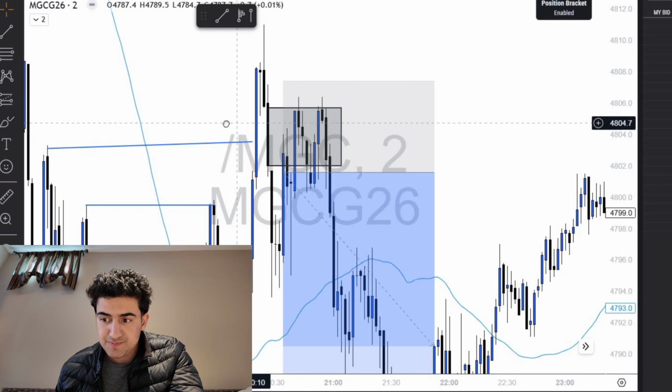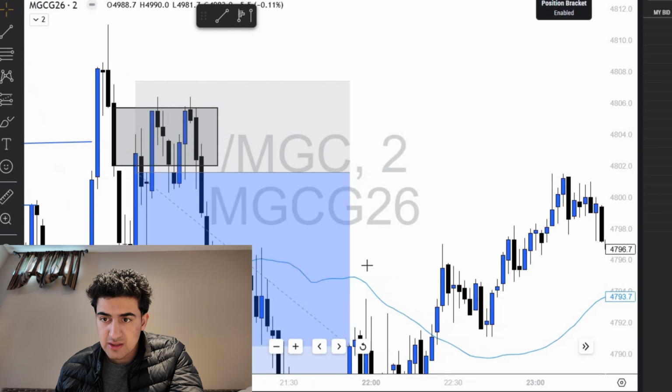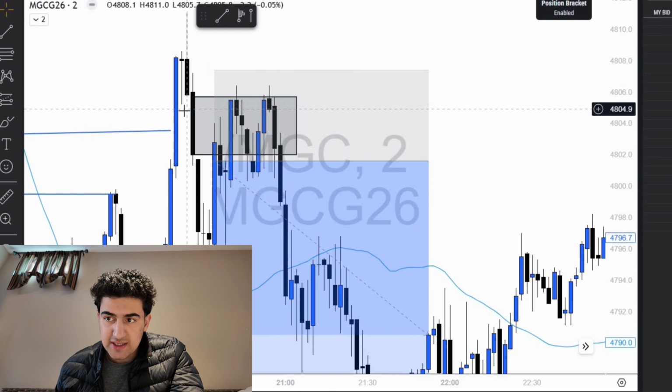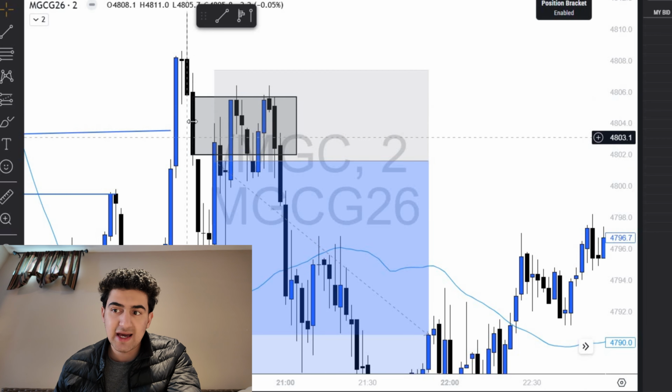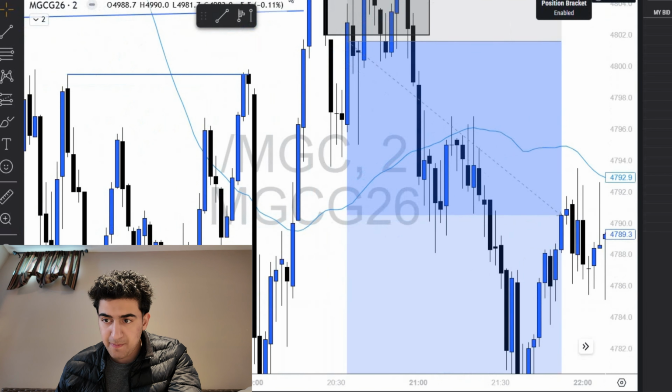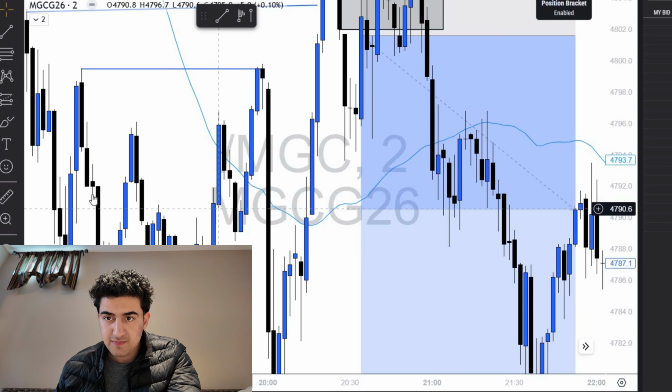You see this one, this one and the low, and you see it has this fair value gap. This is what we call a fair value gap. There's no candle inside of this, right? For example, this one right here.